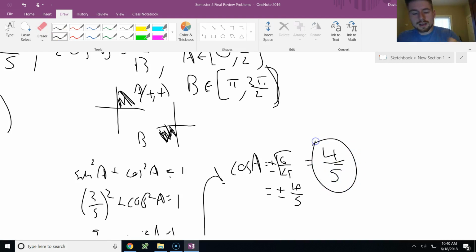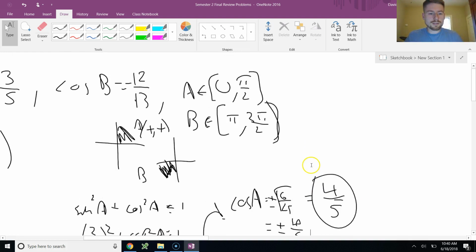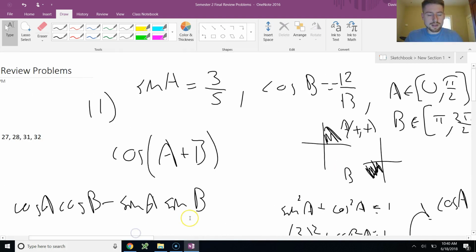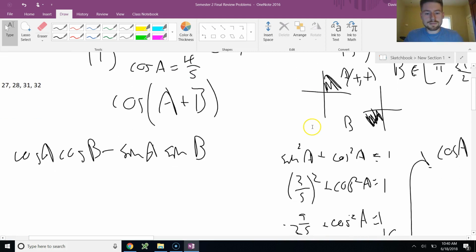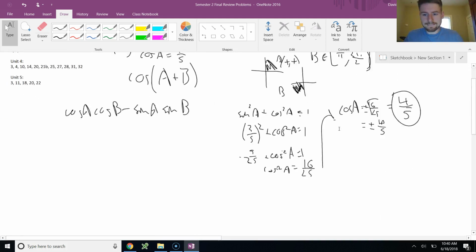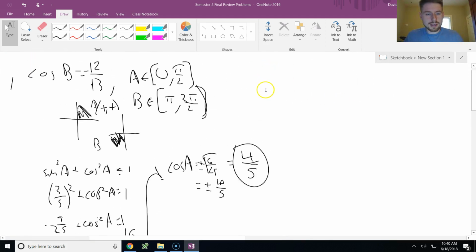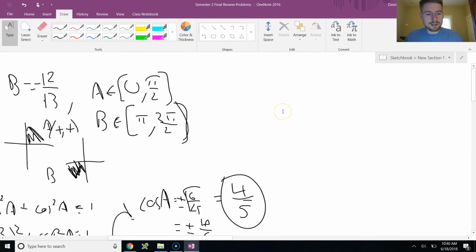Okay. So now we know cosine of A. So I'm going to go back to the top and write that down. Cosine of A is 4/5. Now we'll find sine of B. If I remember, B is in quadrant 3, so it's going to be negative, negative.